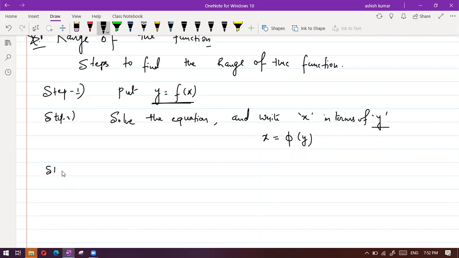Now step 3, when you got x in terms of y, then find the values of y for which x is defined.